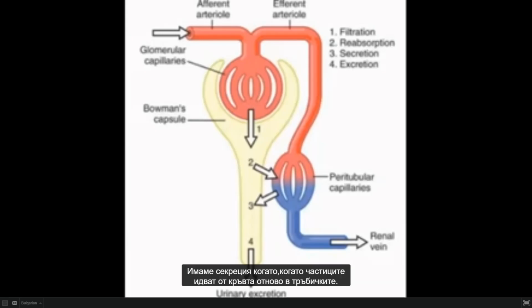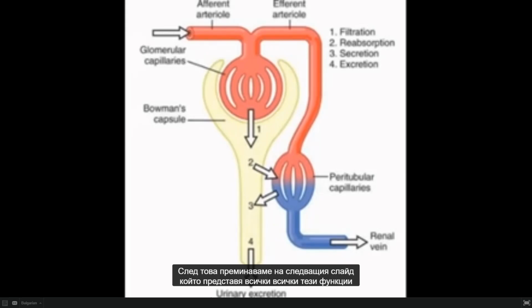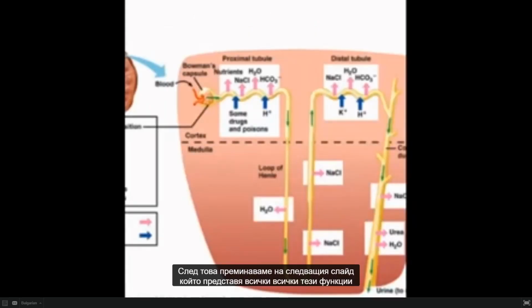We have secretion when the particles come from the blood flow to the tubules again, and excretion when the liquid goes out from the urinary system. Okay, then we go to the next slide.